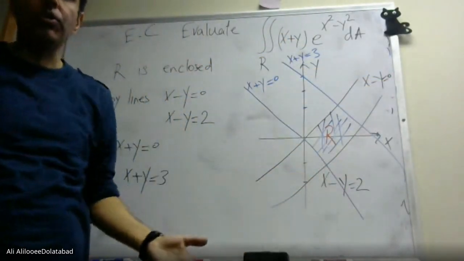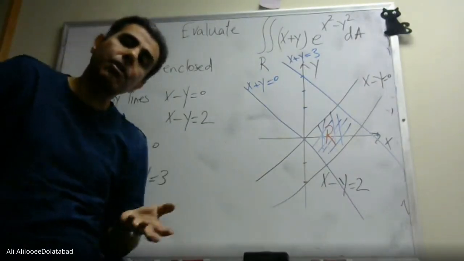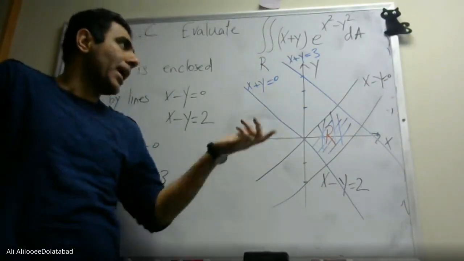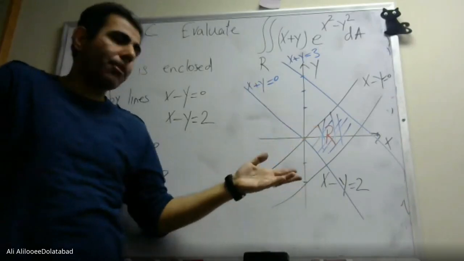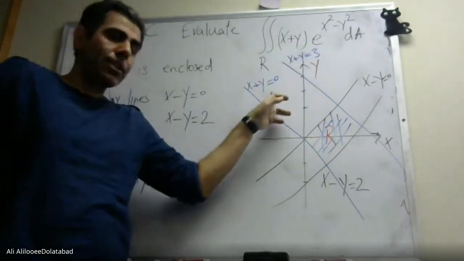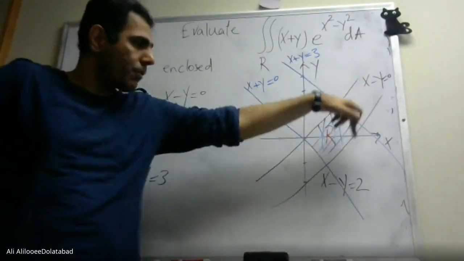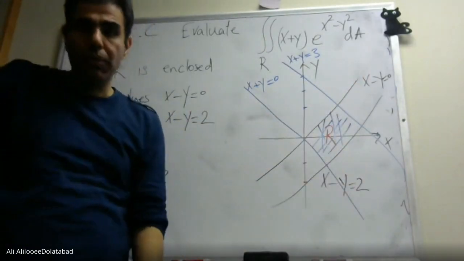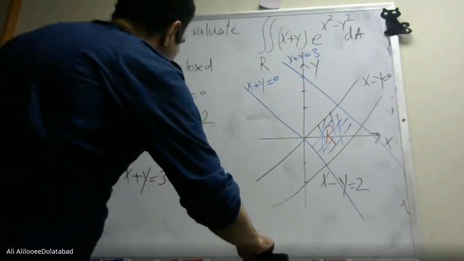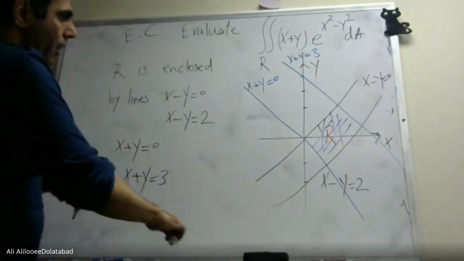Okay? If I want to explain this region in a more understandable way, I would say this region is between x plus y between 0 and 3, x minus y between 0 and 2. So then, because I want to define new variables u and v, I will use these common equations.